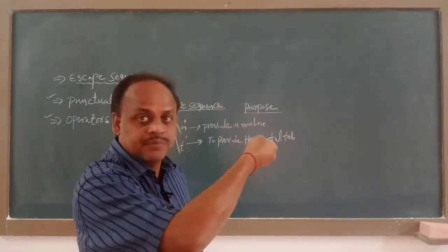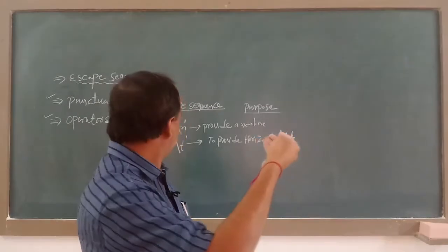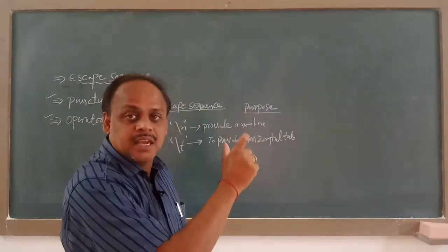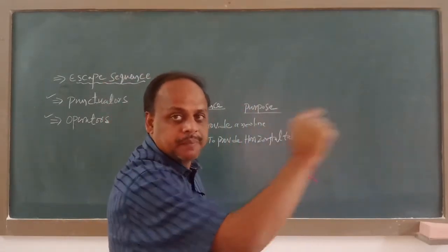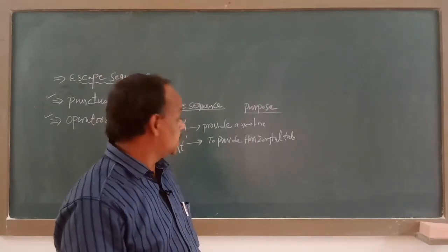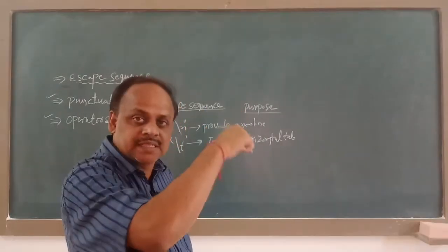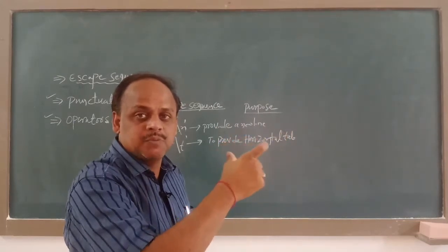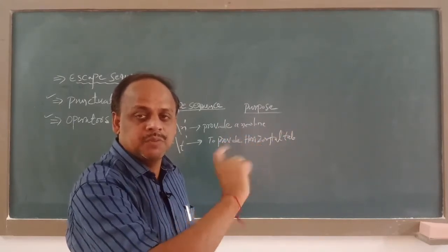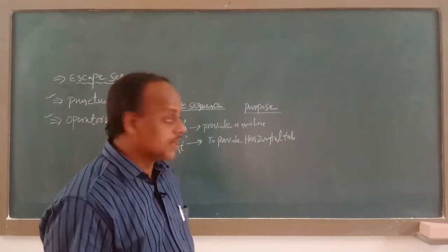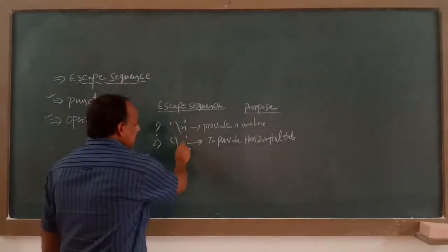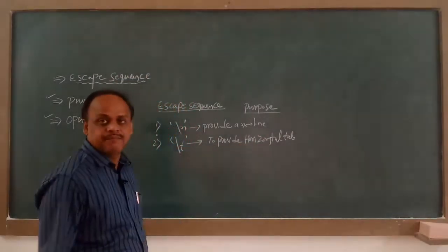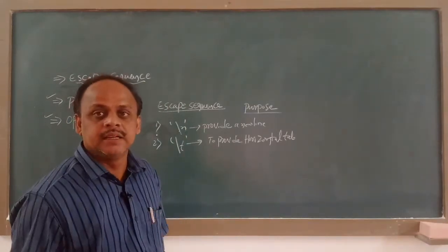For example, in the cout statement, after the word escape sequence we put \t, which provides one tab space, a horizontal tab space, between two words. So this \t works as a horizontal tab.